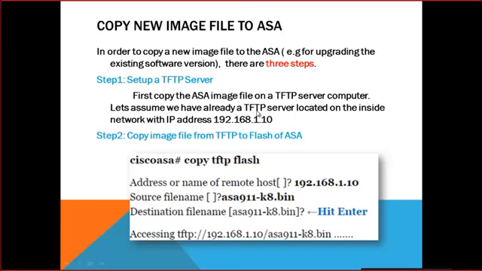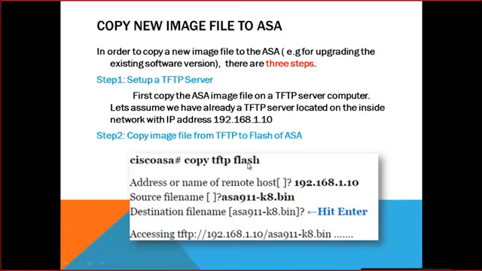If 192.168.1.10 is the server address, then you give maybe 192.168.1.1 to your ASA interface, and then you use the command copy TFTP flash.